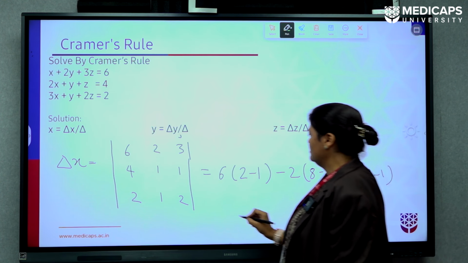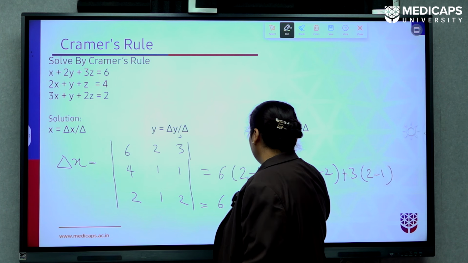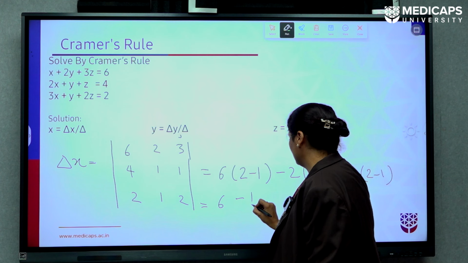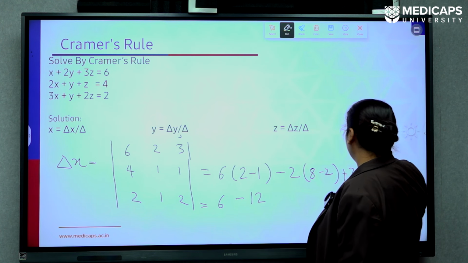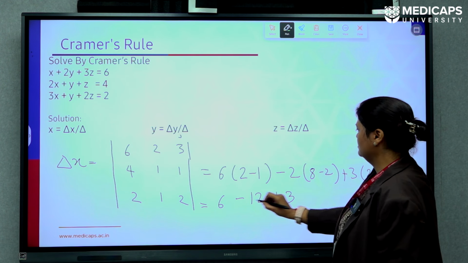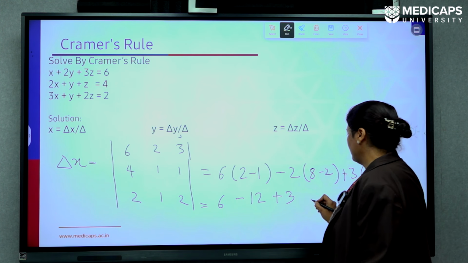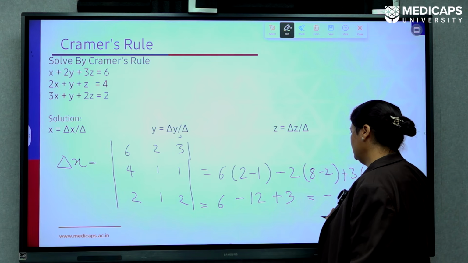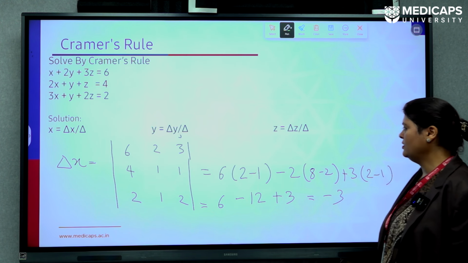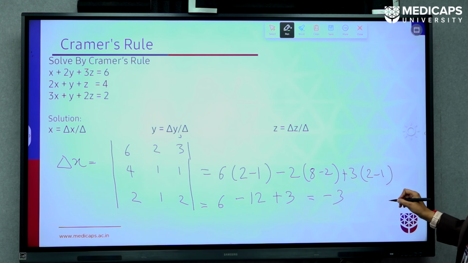So calculate this also. 6 into 1, 6 minus 8 minus 2, 6, 6 to 12. And 2 minus 1 is 1, 3. So we have 3 here. So 6, 3, 9, minus 12. So you have minus 3. Okay. So here is the value of del x.